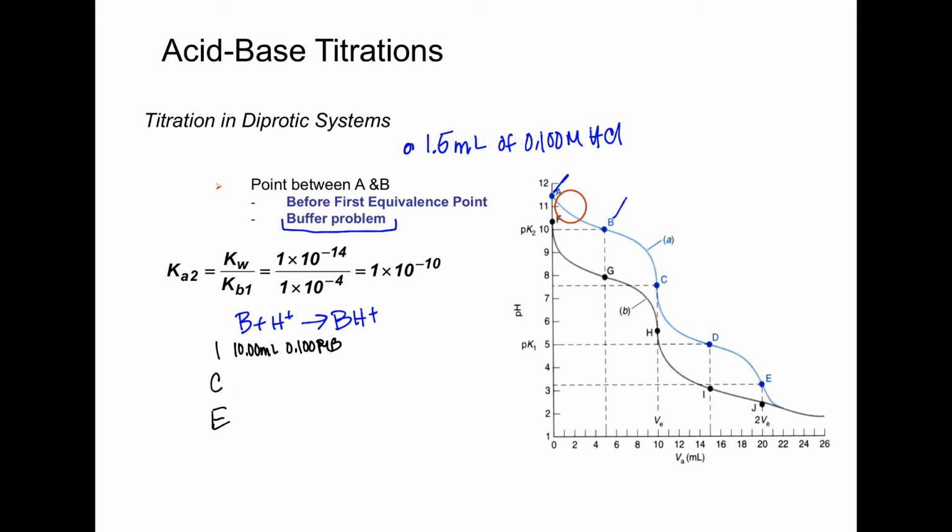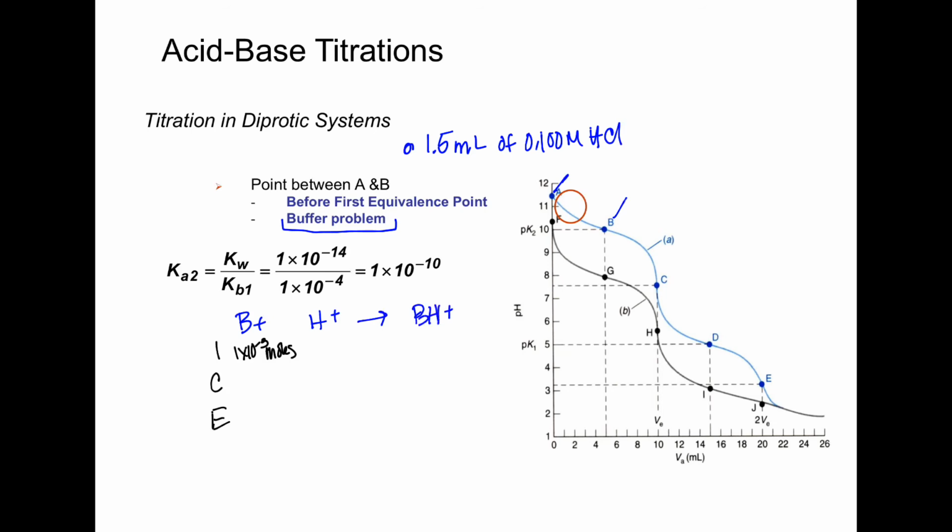If I do 10 milliliters of a 0.1 molar solution, what I find, if I'm calculating moles, is that that is 1 times 10 to the negative 3 moles. And I need to spread this out a little bit, give myself some room. So I have my H+ here and then BH+ over here.